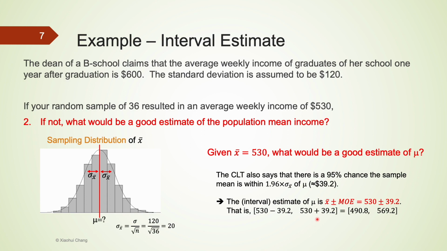As you can see, this interval estimate provides more information about the population parameter than the point estimate. It provides more uncertainty estimates. The width of the interval is related to a term that is known as MOE, which is also known as margin of error.